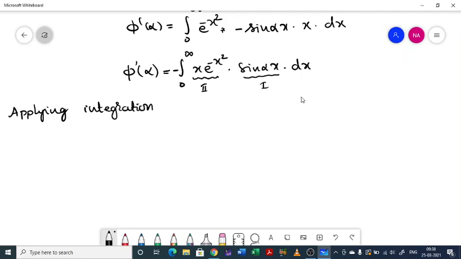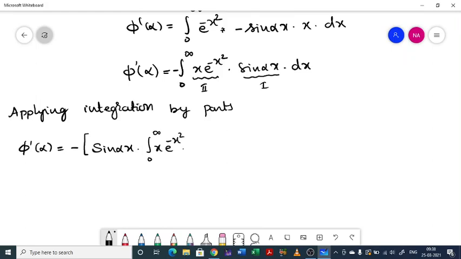we get phi dash of alpha equal to minus first function, that is sin alpha x, into integral of x e power minus x square, integral of second function, minus under integral sign, integral 0 to infinity, derivative of first function, sin alpha x.